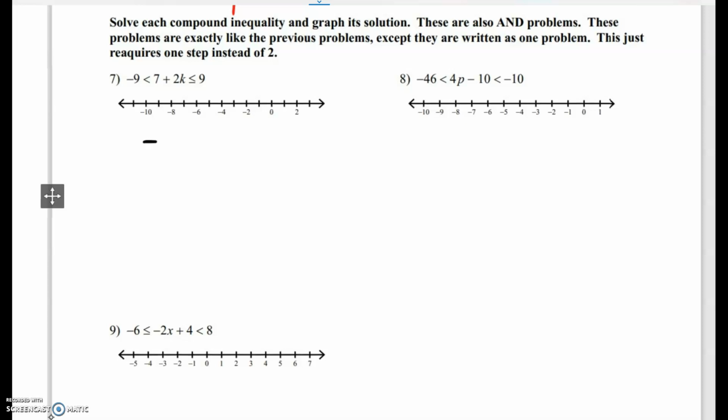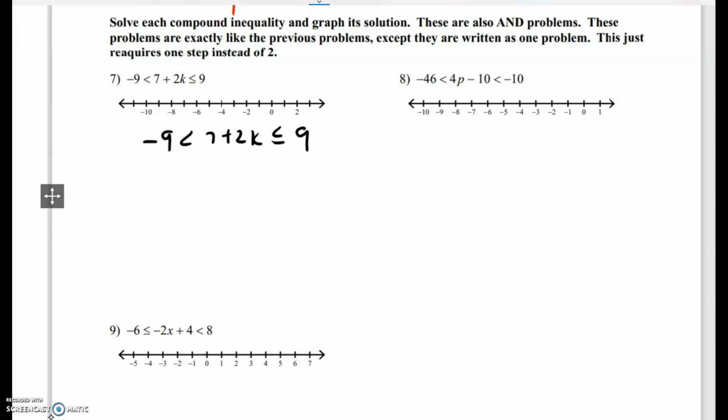Okay, so I've got negative 9 is less than 7 plus 2k, less than or equal to 9. And we want to get k by itself, so we're going to isolate the k. But we do have 3 sections. Notice we've got the left-hand side, the right-hand side, and the middle.